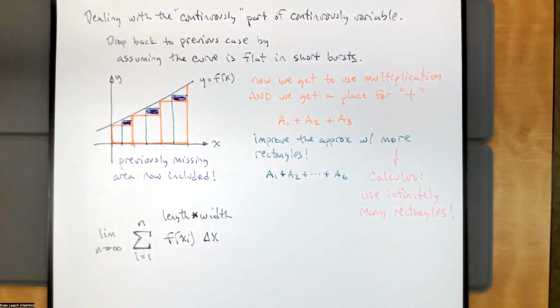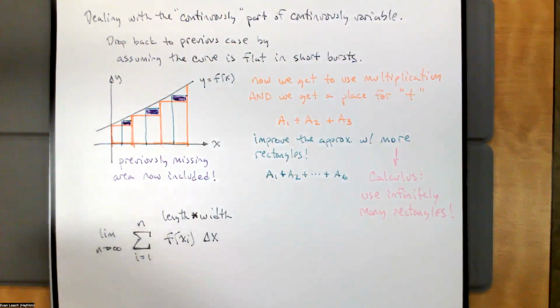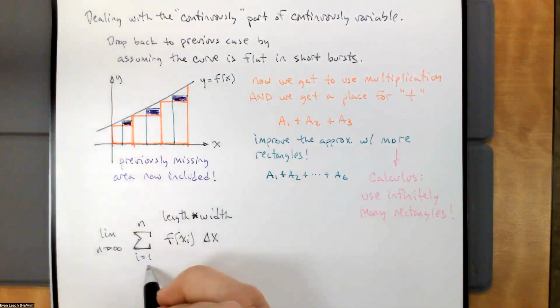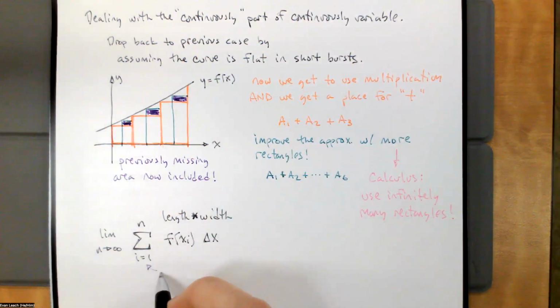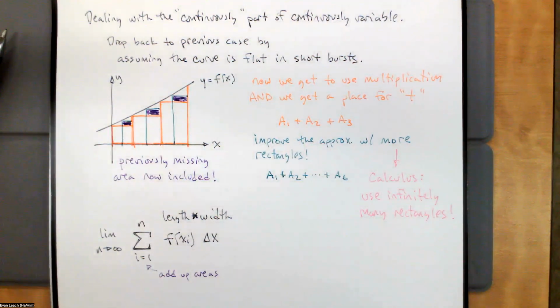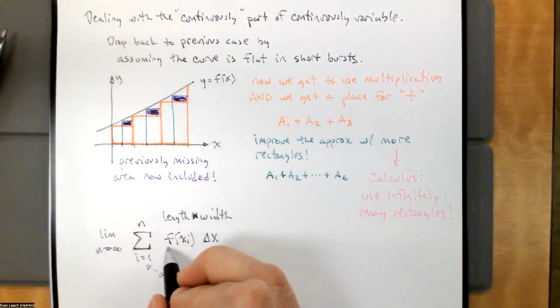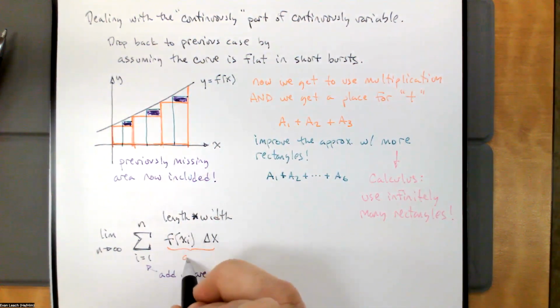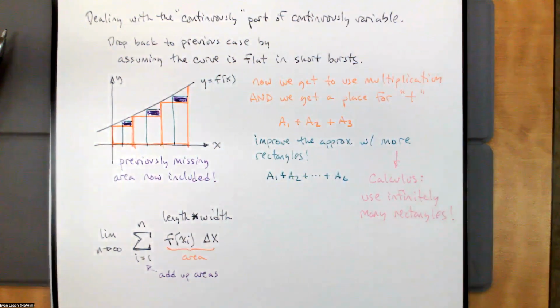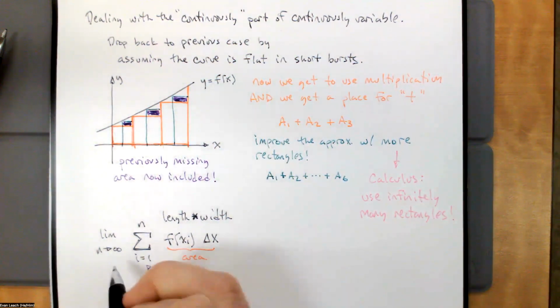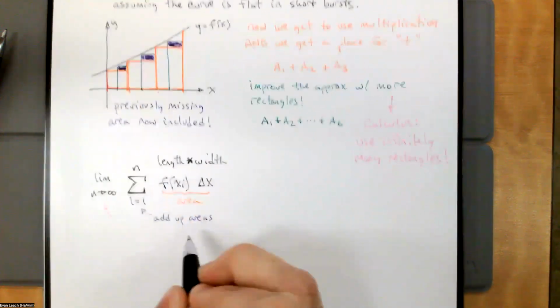The delta x is the width. Here we are adding up the areas of the rectangles. Each of these is an area. And calculus says use infinitely many rectangles.